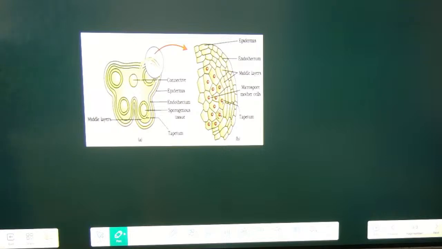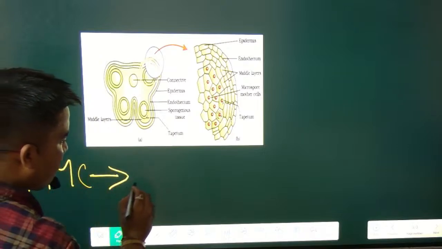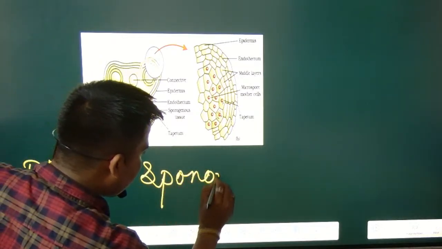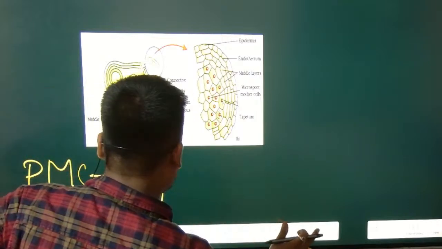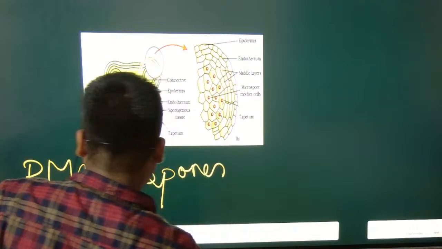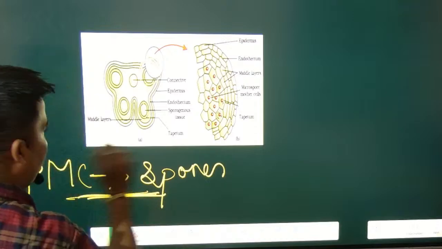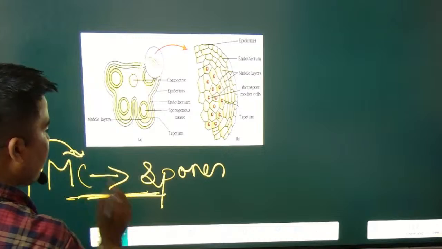Growing means, suppose there is a cell called PMC, the pollen mother cell, and the pollen mother cell will create spores. So in this stage, tapetum will provide nutrition to the PMC to produce spores.